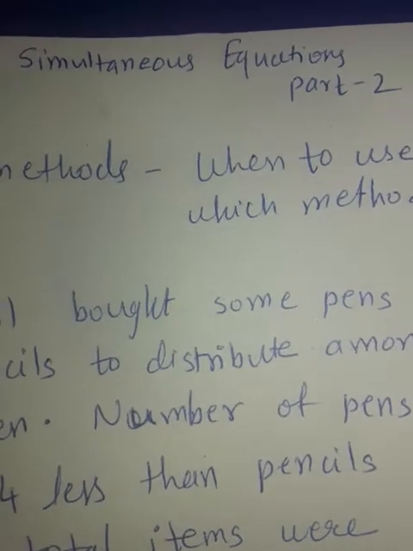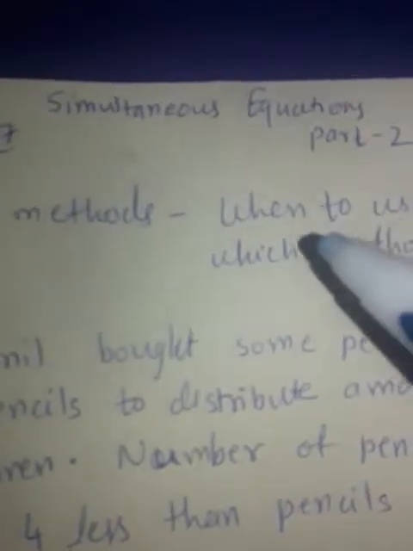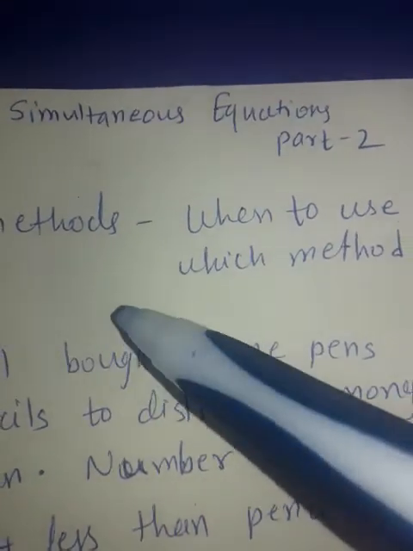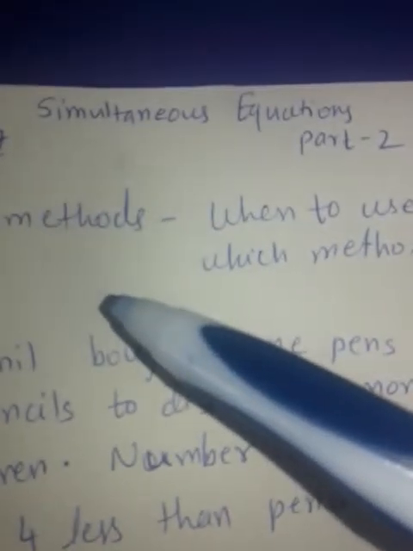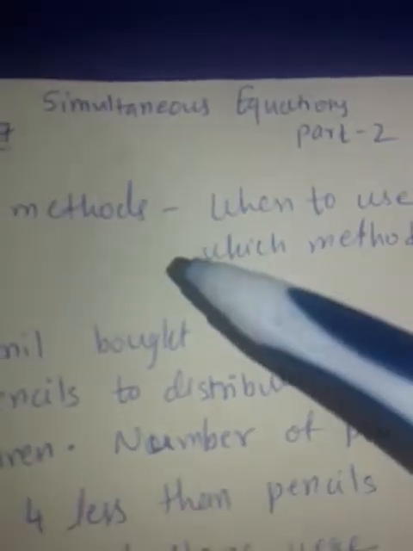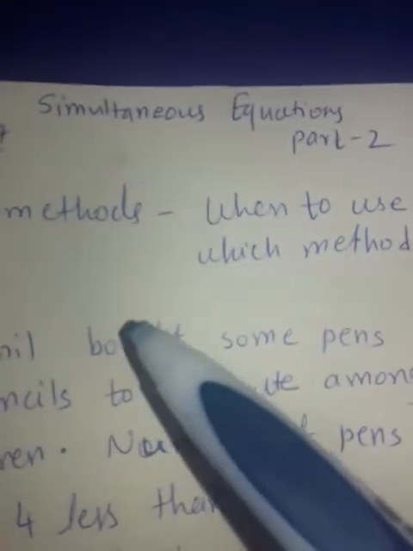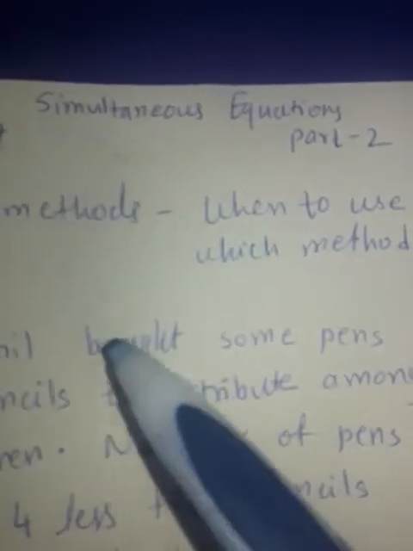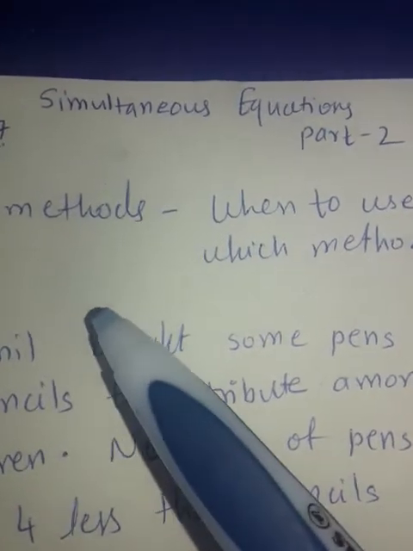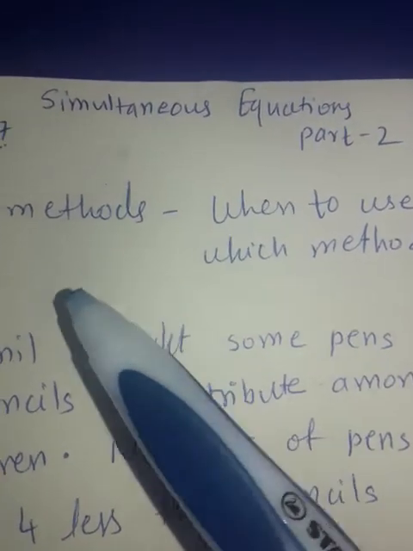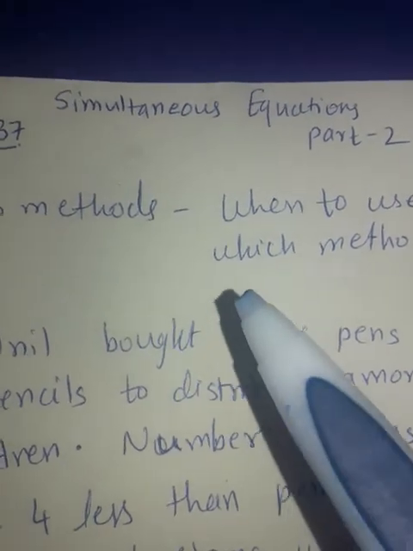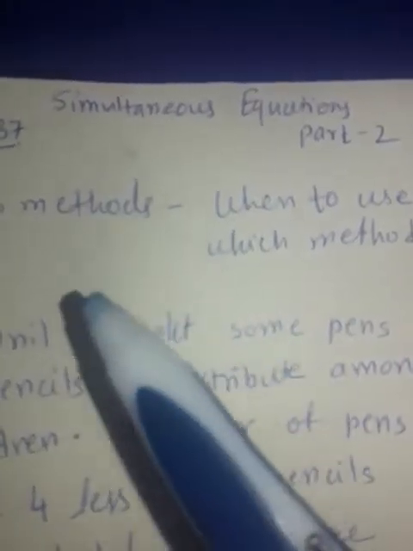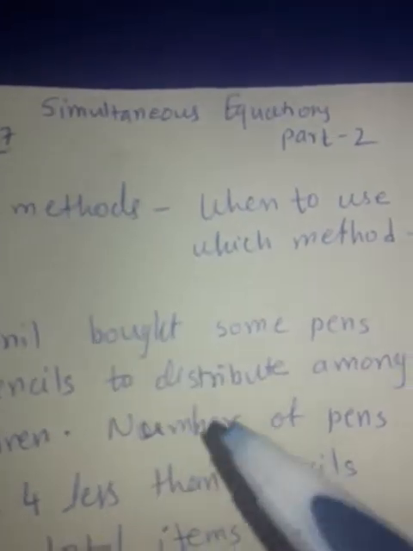That time I also said that it's you who is going to decide which method you want to use, in which method you are more comfortable. Today I'm going to discuss with you few word problems where we are going to apply these methods and decide which method is better for which type of problems, because sometimes substitution method saves our time, sometimes elimination method saves our time, and sometimes instead of these two conventional methods it's better to use shortcut.